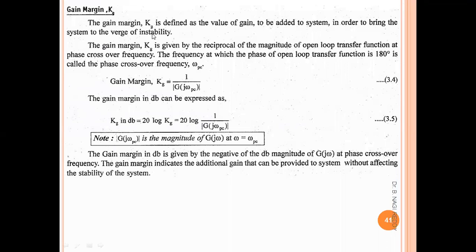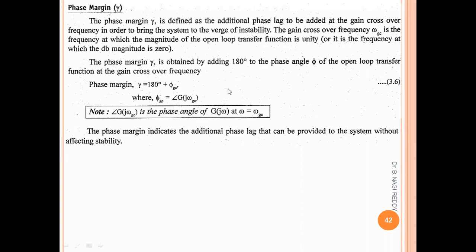Previously, in the gain margin concept, we used the phase crossover frequency. That means we used the phase angle in the gain. Here, it is reverse. So the phase margin and gain margin are reverse to each other. At the gain crossover frequency, we need to determine the extra angle to bring the system from instability. So the angle has to be added, and that angle has to be calculated at the gain crossover frequency.